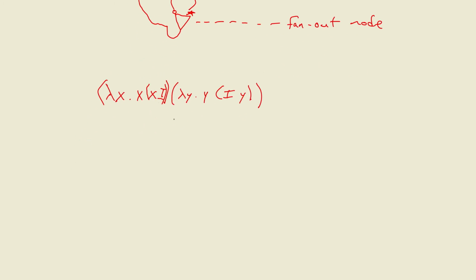Okay, so in this Lamping's sharing graph representation, let's see if we can figure out what this is going to look like. So I have an at over here. The body of this is an at, where we have, okay, so there's this structure, there's an I over here, and now these are both x, so we need to use one of these fan out nodes and connect that up here.